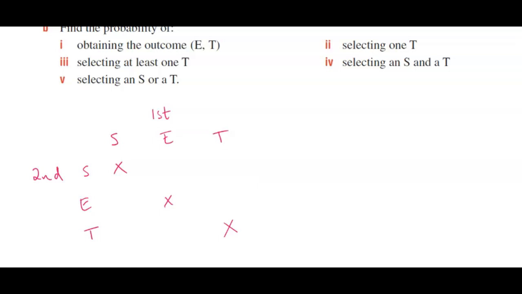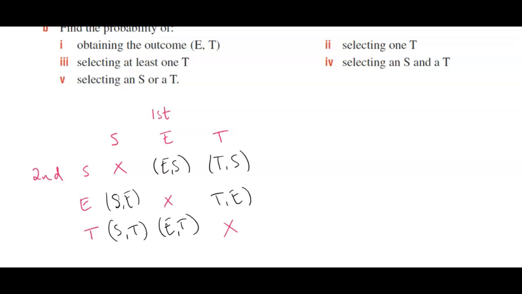So that means we can only have SE, or ST. We can have ES, or ET, and we can have TS and TE. I'm just reading the column first and then the row.